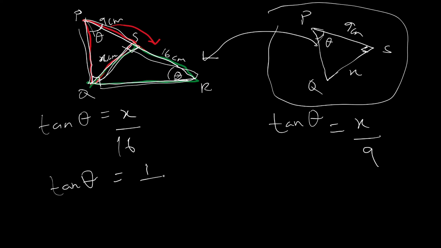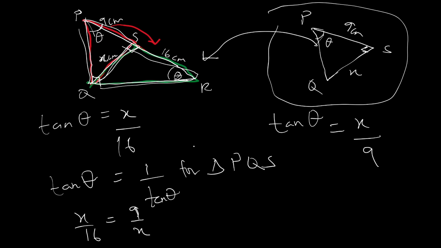So for triangle PQS, we can say that X over 16 should be equal to 9 over X. Now this multiplies this, this multiplies this.